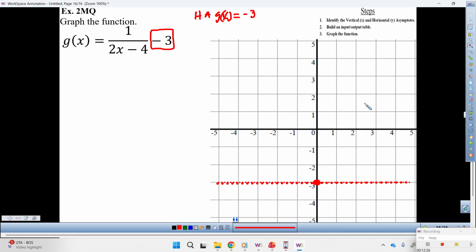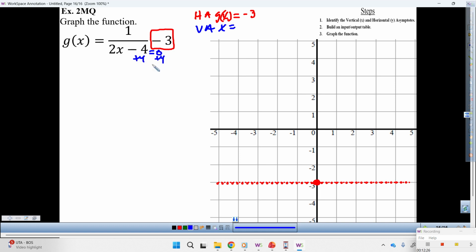Okay. Next, we need our vertical asymptote, or our VA. X equals. Tell your neighbor what to do in order to find that, please. What do we do to find our VA? Carlos, what do we do? 2x minus 4 equals 0, and then solve.